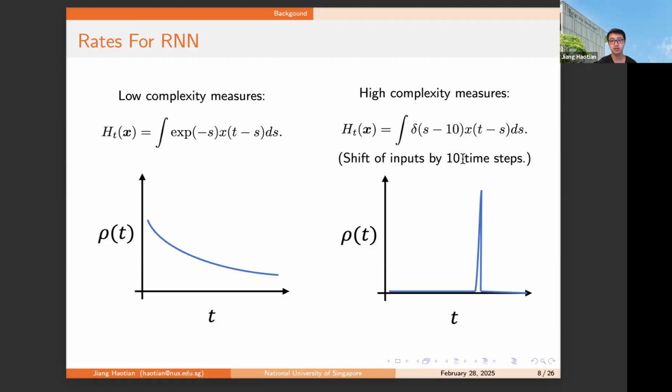The memory function for this one, you can see, is a spike at time step 10. So basically this target is not smooth, and the RNN is actually very hard to learn this kind of target. We can also say that this has a long-term dependency, because the output at time t depends on 10 time steps further back. And RNNs are hard to learn this kind of target.